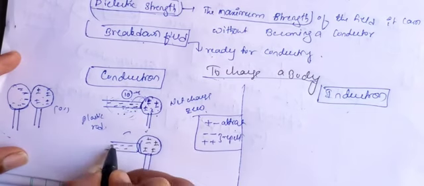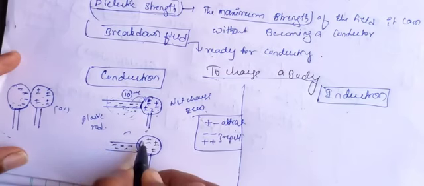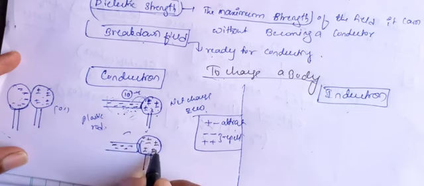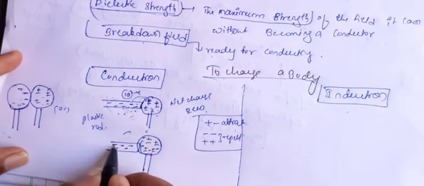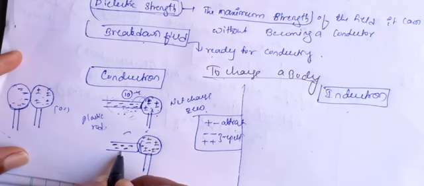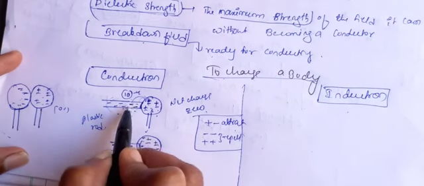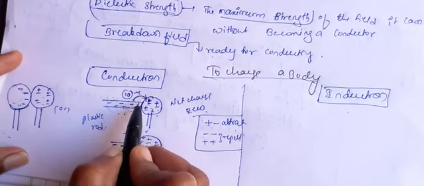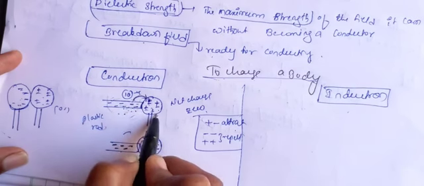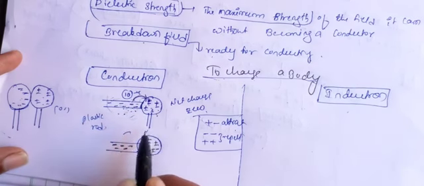Now only 5 negative charges are there, and the remaining 5 will be induced to the spherical body. These are the remaining negative 5 charges, so only 5 negative charges are transferred to the spherical body, and the remaining 5 remain like this only.